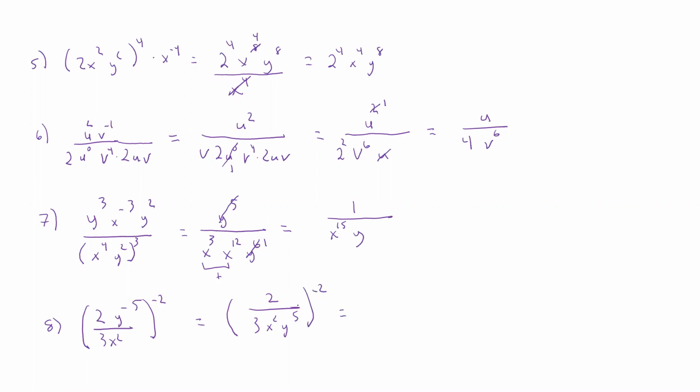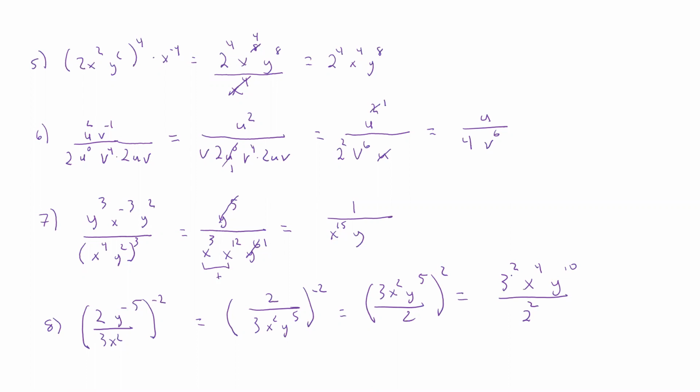Now I'm going to make that exponent positive by flipping the whole fraction around. So that becomes 3x squared y to the 5th, all over 2, and that's squared now, it's positive. So now I can square everything inside of here. So that's going to give me 3 squared, x, now it's 2 times 2, which is 4, y is 5 times 2 is 10, over 2 squared.